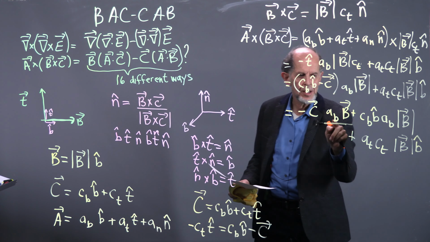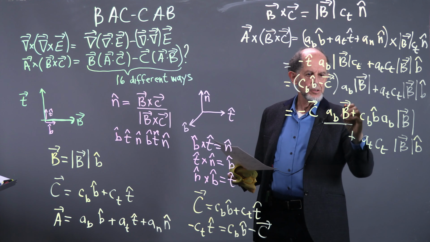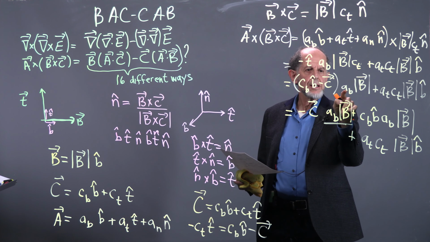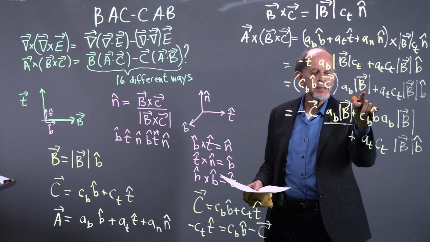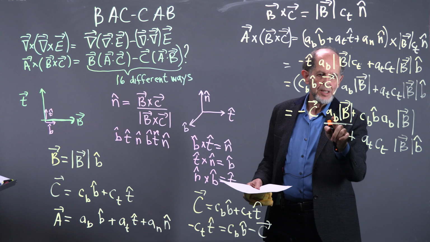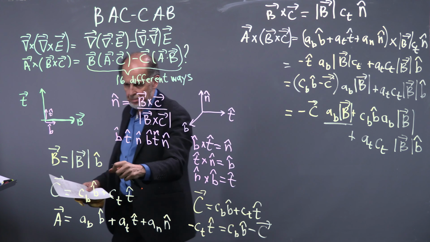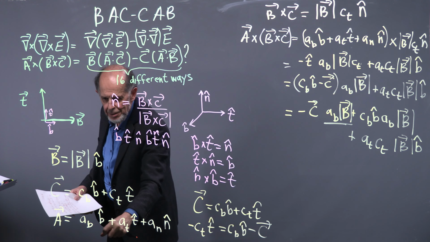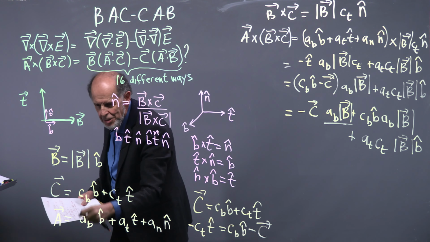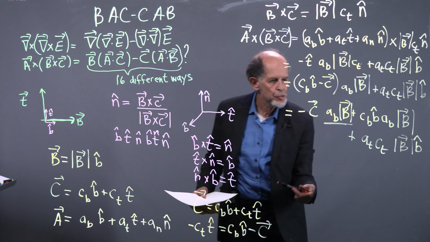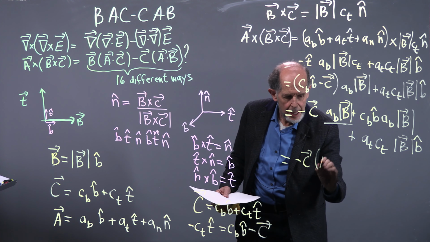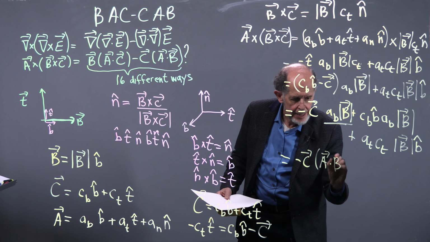Oh, this should be magnitude. So minus C, the B component of A times the magnitude of B. Well, what is this? Look at this, A dot B. A dot B is, you multiply the components, which is magnitude B, AB. So this first term is equal to minus C A dot B.